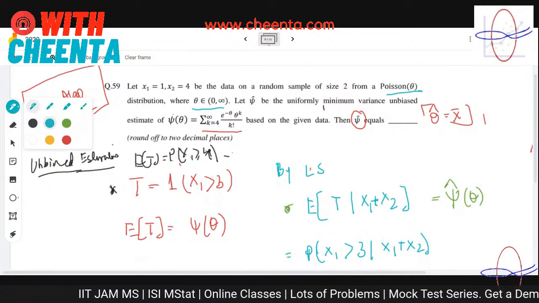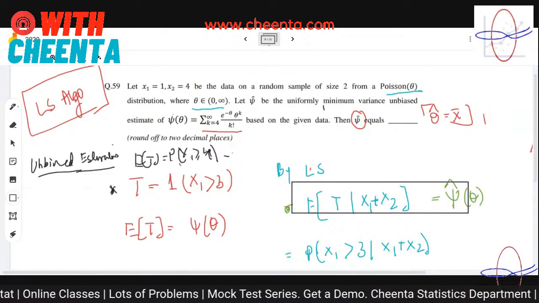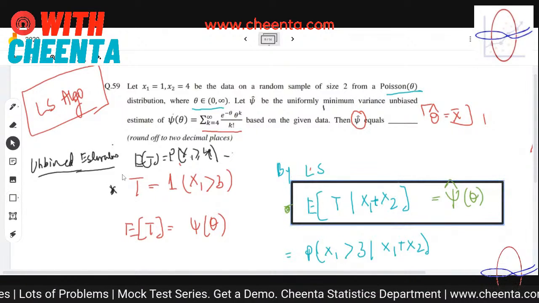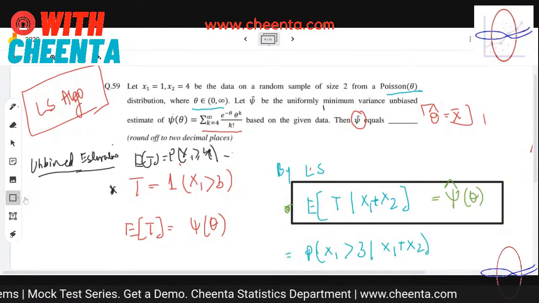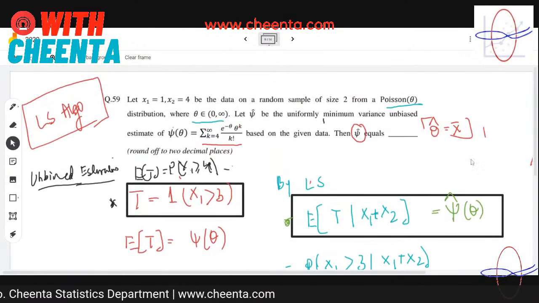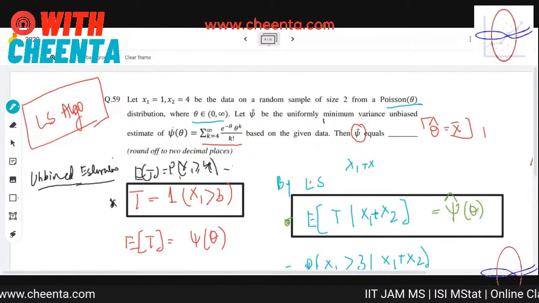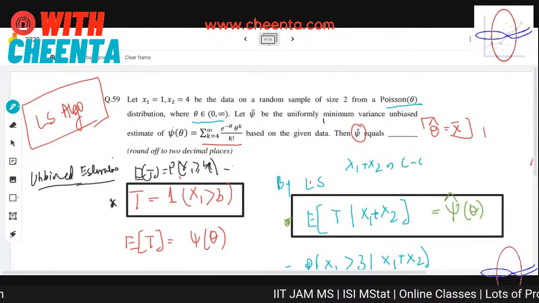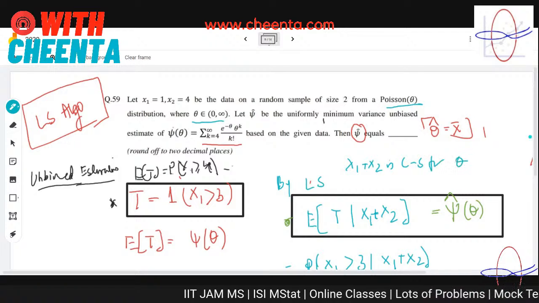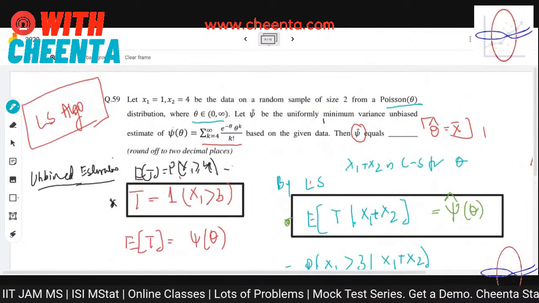That is the idea, since X1 plus X2 is complete and sufficient. This is also important. Now you have to find it out.